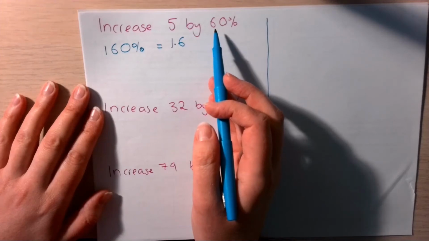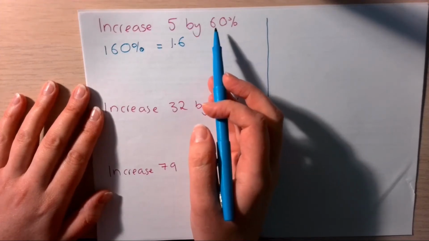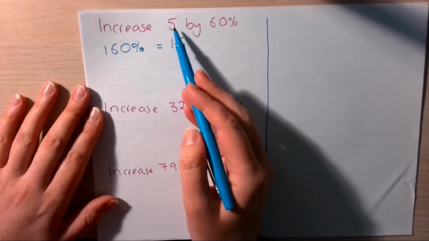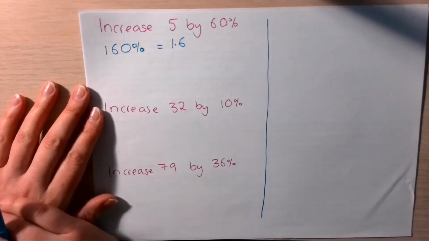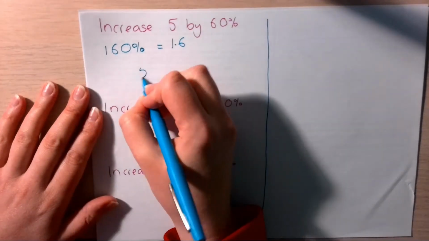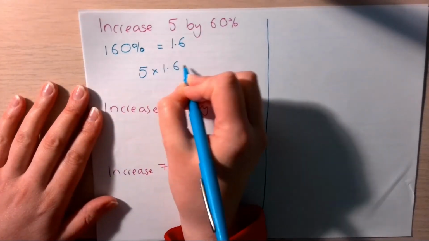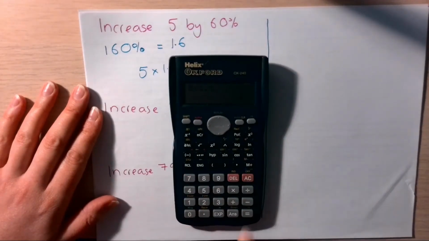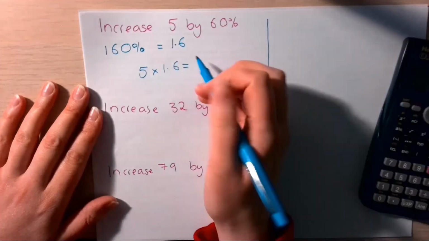That happens, okay, but if it's by a percentage less than 100 you'll always get a 1 in the front, because that's your original number there. So we're just going to use that as our multiplier. So all we have to do now is 5 multiplied by 1.6 on the calculator, which is 8. Okay, nice round number.